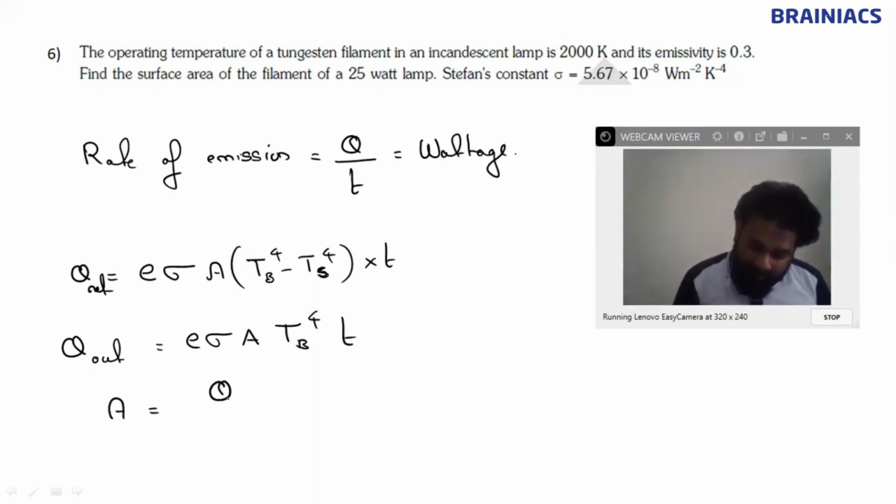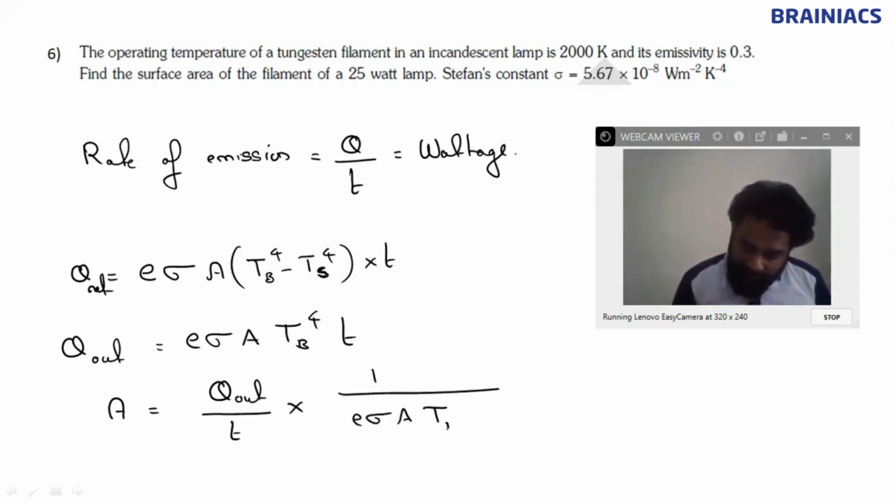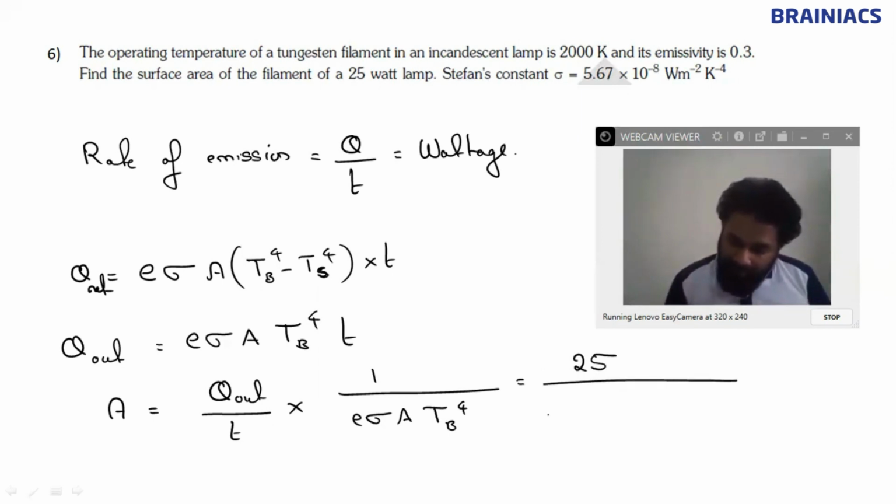So area is Q out by t into 1 by E sigma T raised to 4, the temperature of the body. Q out by t is 25, divided by the emissivity, given as 0.3, and Stefan's constant 5.67 into 10 raised to minus 8.